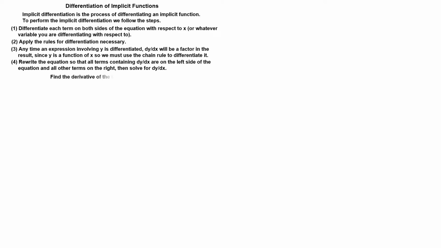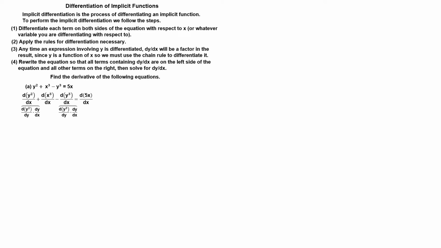Find the derivative of the following equations. To solve item A, we follow the steps. Step 1. Differentiate every term on both sides with respect to x. Steps 2 and 3. For the second and fourth terms, we can differentiate directly by using the power rule.